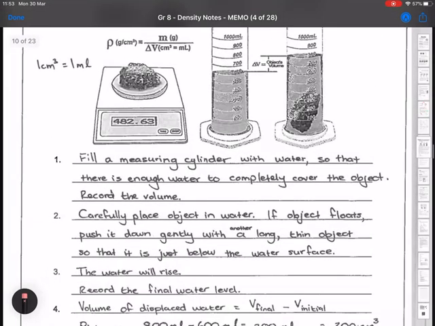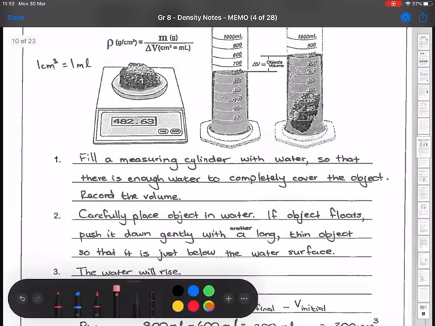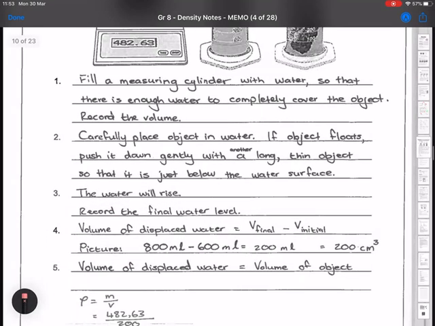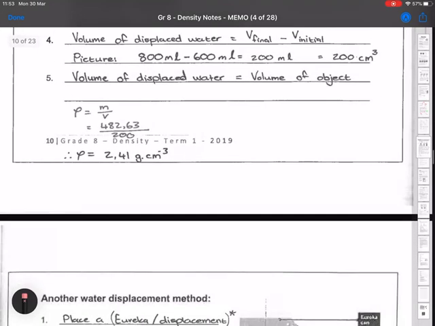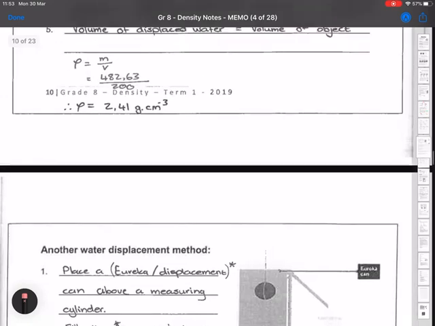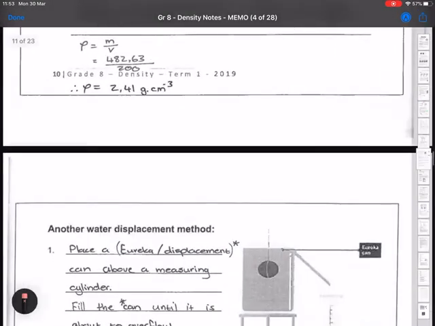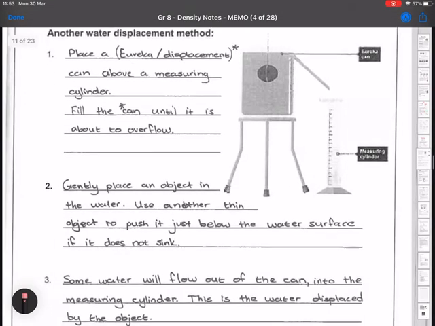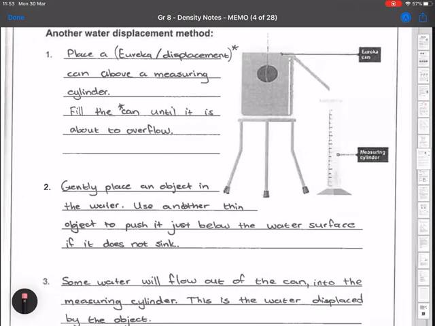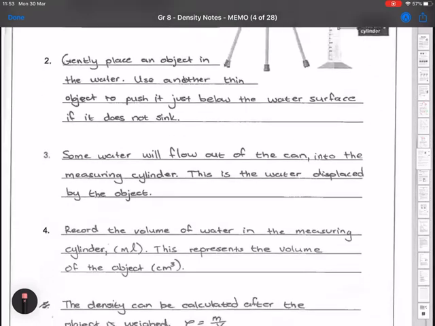Okay, here's the instructions for calculating the density of the rock. Again, if you need this, I can send it to you in PDF. And here's the other method.